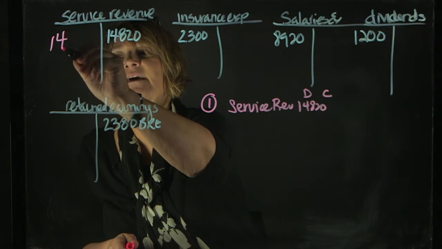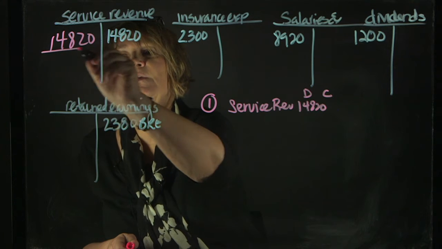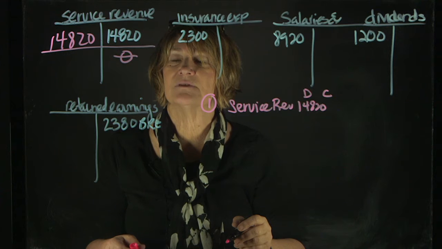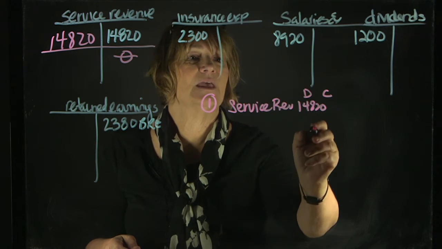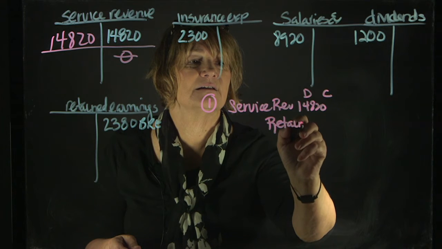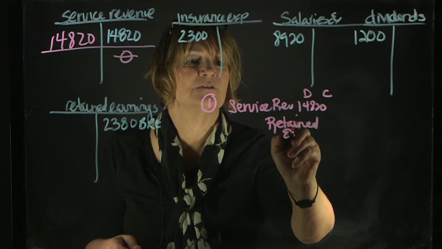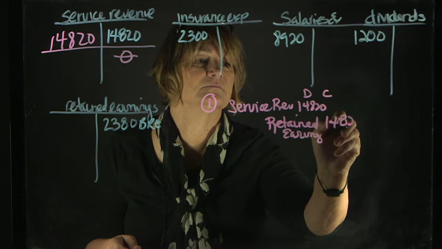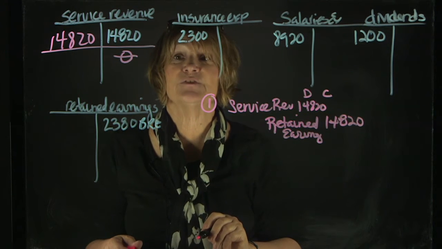I'm going to go ahead and post that. And you can see now that the service revenue balance in the account is a 0. And then I'm going to credit retained earnings. So that's the first journal.